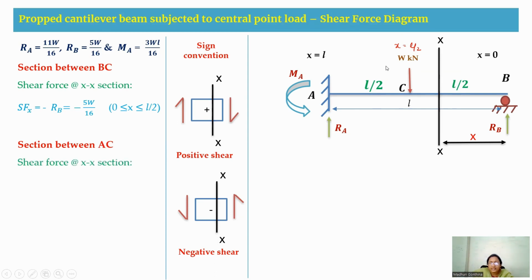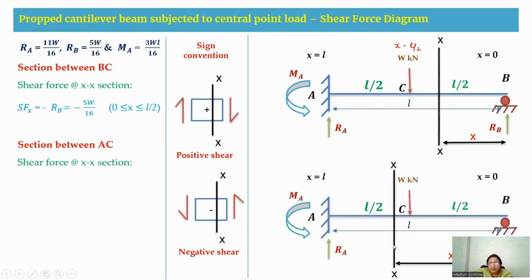Again, I am considering the section in the AC segment, which has an x distance from B to this section. When we write the shear force equation, at B you again have an anti-clockwise direction, so that is minus RB.